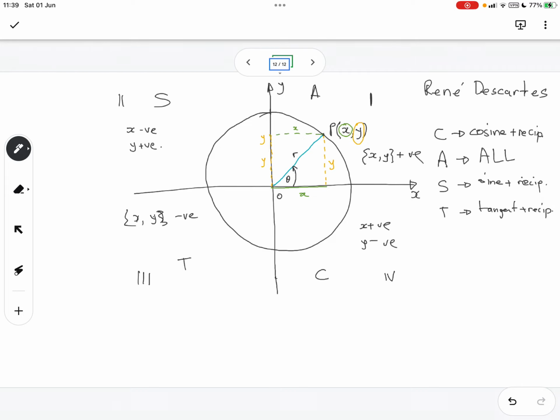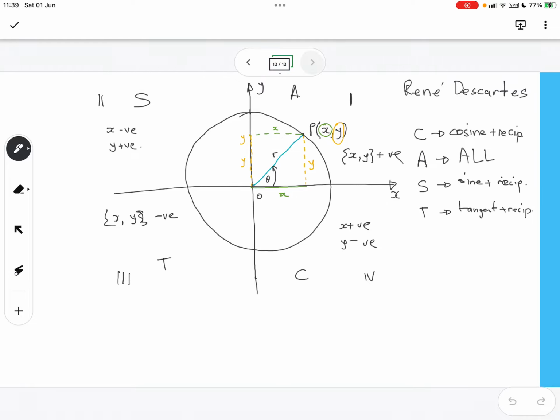You're going to have a negative y divided by a negative x, and that's going to give you a positive result. So tan is by default positive in there, as is its reciprocal. But any other trig ratio or reciprocal is negative in the third quadrant. So that's the long and short of CAST.